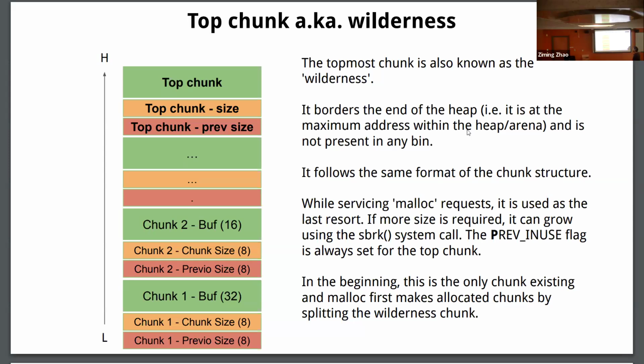So it's the top chunk. Then this top chunk basically borders the end of the heap. That is where the program break is. The brk system call, the sbrk system call, can change that. So the end of this wilderness chunk is the border.